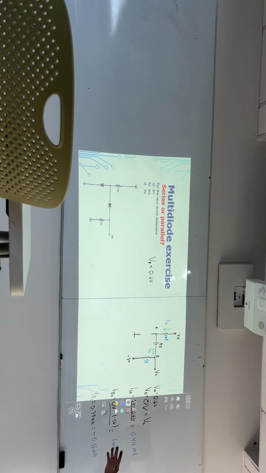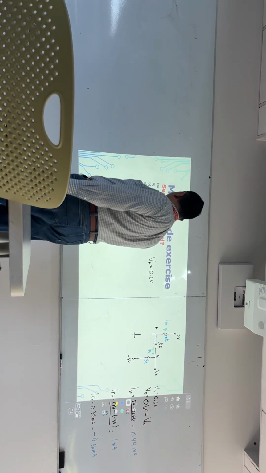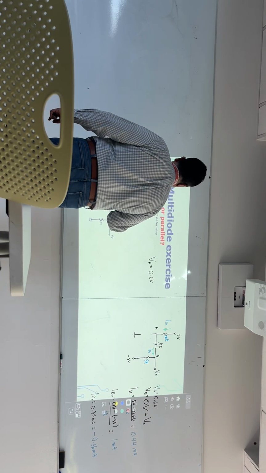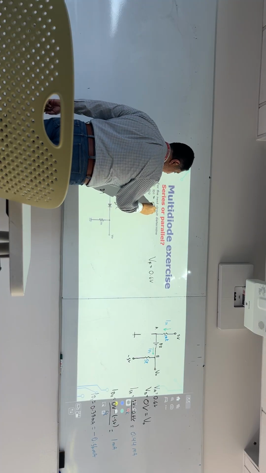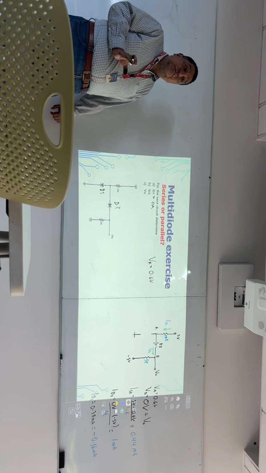So we need to recalculate, and because of that, now the answer is, if this is the 1 and this is the 2, ID1 is 0. It is not negative, it is 0.